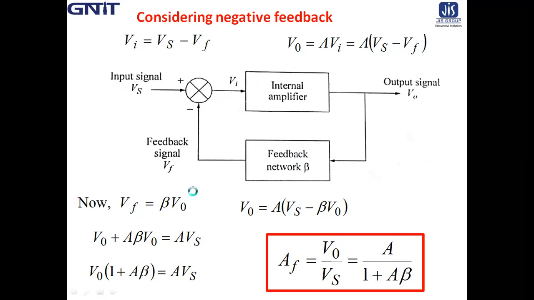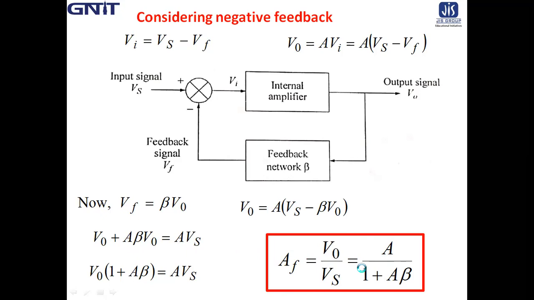Now Vf equal to beta into V0. So V0 equal to A into (Vs minus beta V0). Therefore, with simplification, V0 plus A beta V0 equal to A into Vs. So V0 into (1 plus A beta) equal to A into Vs. Therefore the closed loop gain for a negative feedback amplifier is V0 by Vs, which is basically A by (1 plus A beta).